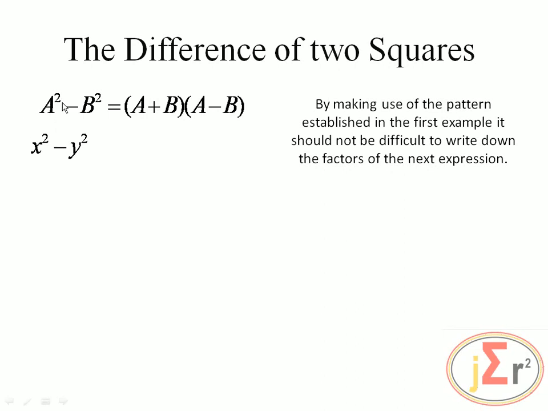So a squared minus b squared, a plus b, a minus b. What is there to it? x squared minus y squared, x plus y, x minus y. There we have it. And we may place the x plus y in the first and the x minus y in the second, as we have them right here, or we may have them in the reverse order.